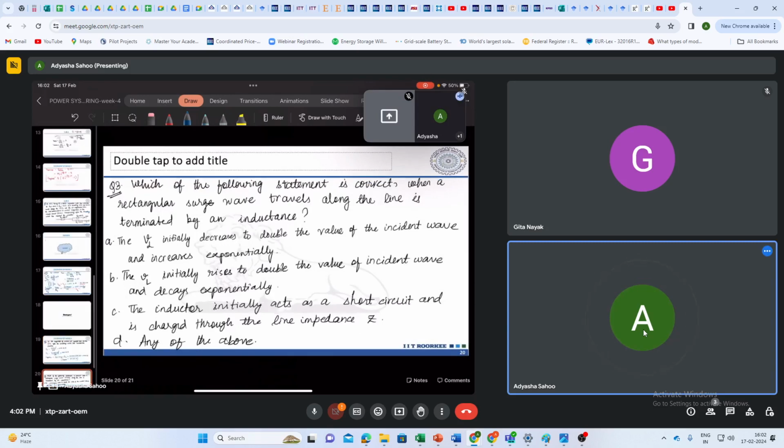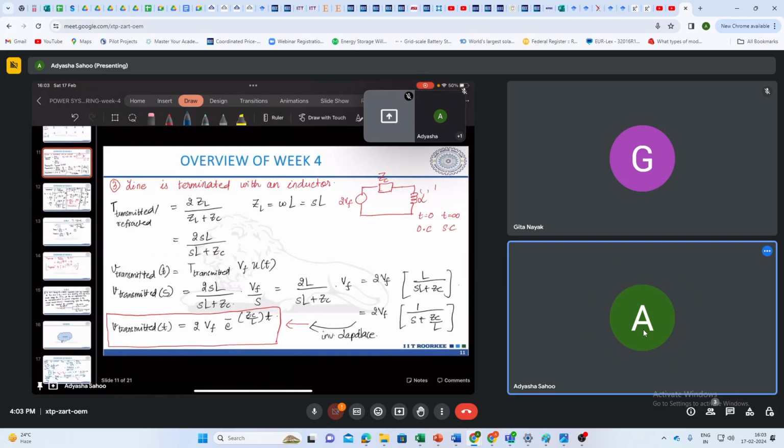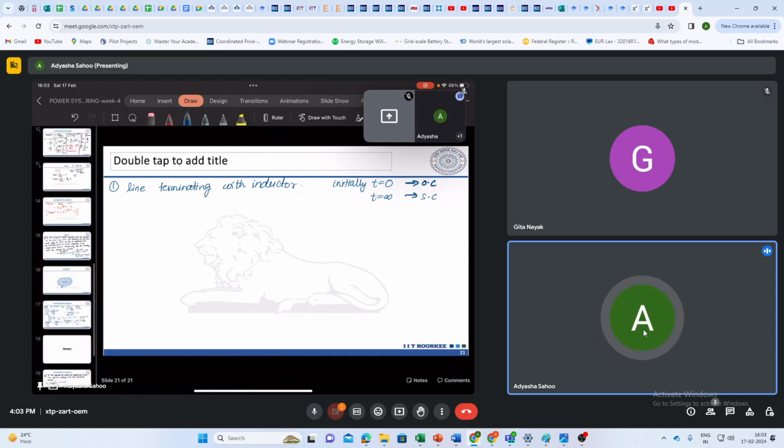So this was the case of a line terminated with an inductor. We discussed that initially it acts as an open circuit and finally it will act as a short circuit. So initially it is open circuit and finally this will behave as a short circuited transmission line.